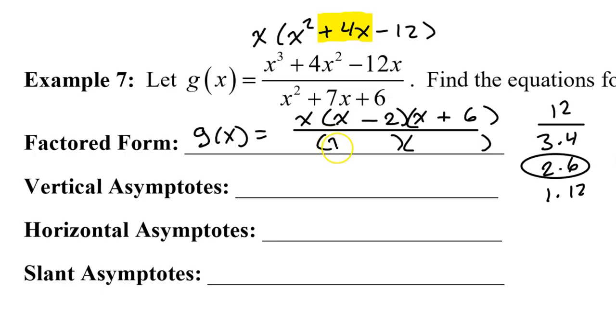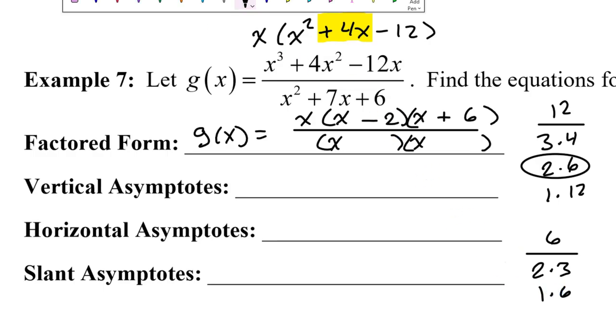X times x makes x squared. The 6 will either factor as 2 times 3 or 1 times 6. But inner plus outer must equal a middle of positive 7. So let's go with the 1 times 6 option.